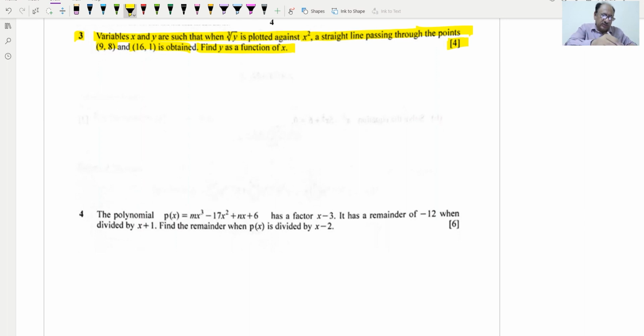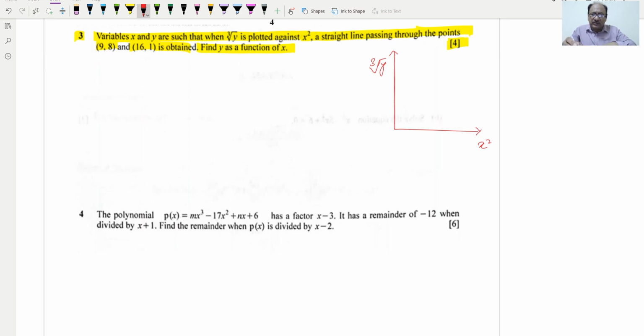We can understand this by sketching a small drawing. For example, this is our y-axis and this is the x-axis, and we are plotting cube root of y against x square. So this side is x square and this side is cube root of y.